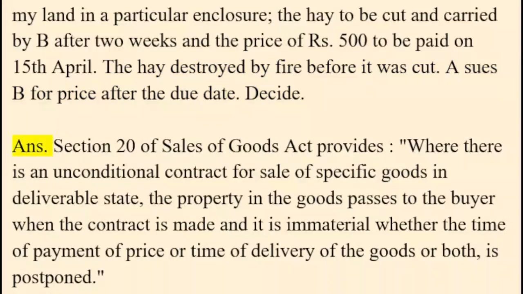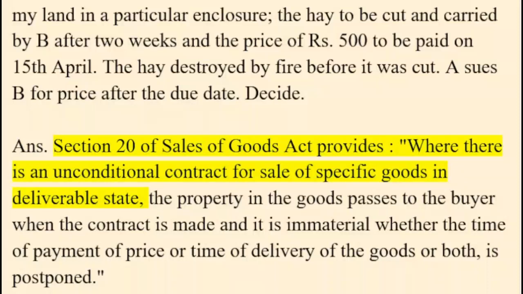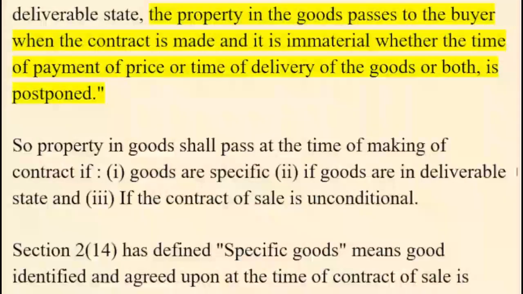Decide. Ans. Section 20 of the Sale of Goods Act provides, where there is an unconditional contract for sale of specific goods in a deliverable state, the property in the goods passes to the buyer when the contract is made, and it is immaterial whether the time of payment of price or time of delivery of the goods, or both, is postponed.